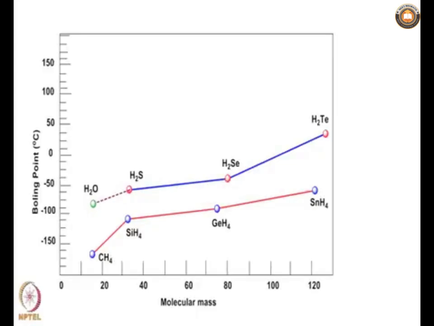Similarly in group 14, carbon, that is methane, has a boiling point of about minus 160 to minus 150, whereas silane has somewhere around minus 100 to minus 120, and it is a little higher in the case of germanium. In the case of tin, it comes very close to minus 100 degrees centigrade.